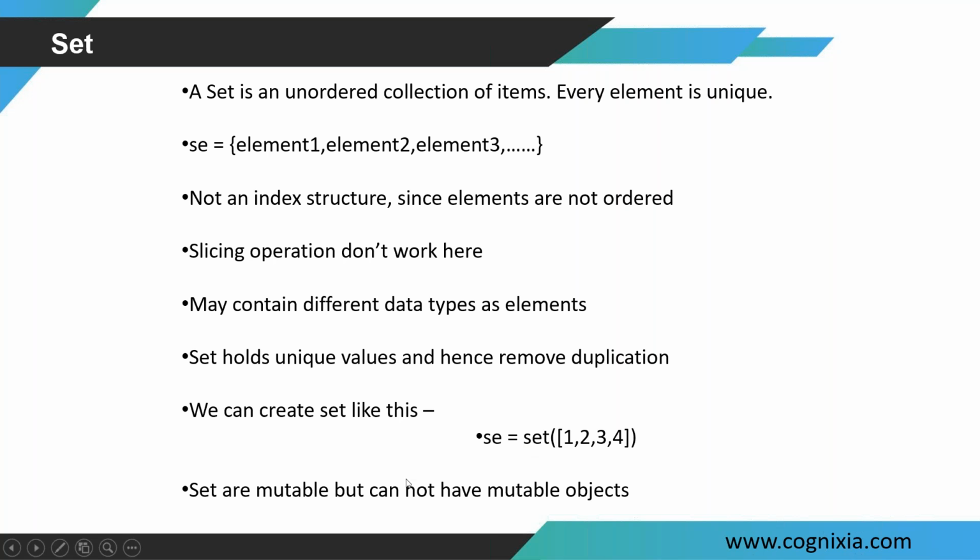Then, sets are mutable but cannot have a mutable object. This is an important point. Sets are mutable, but the objects inside the set cannot be mutable objects. So in short, your set cannot take a list. Create a set and try to have a list inside it.